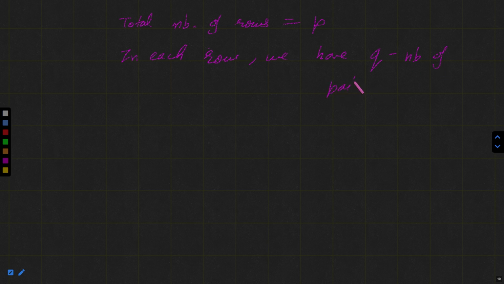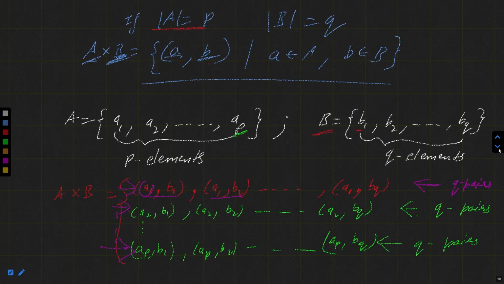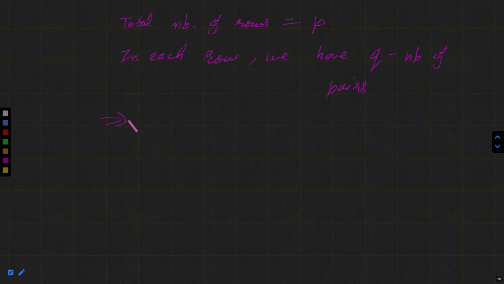This implies the total number of pairs will be P times Q. Or in other words, you can say Q plus Q till Q, and these Q will be added P times.